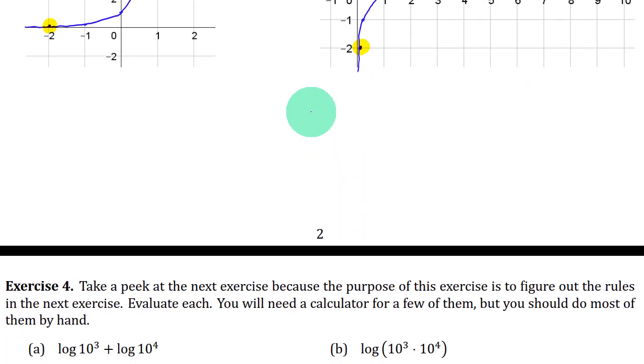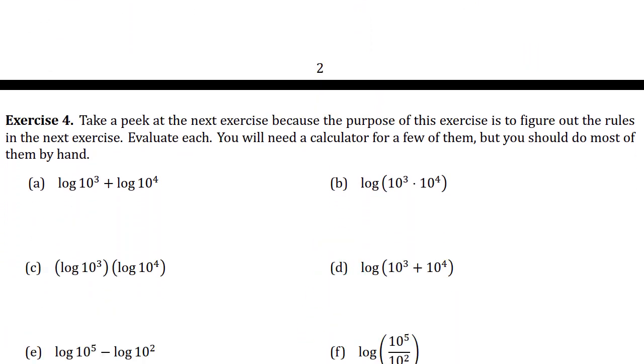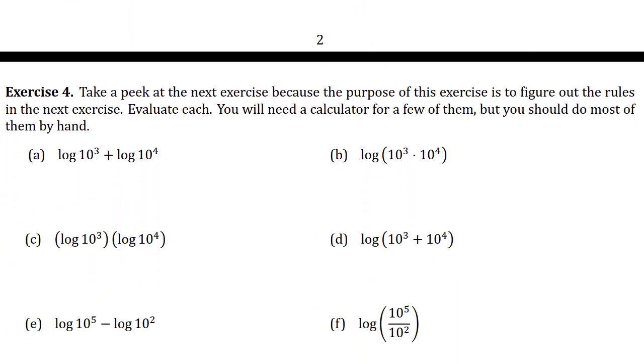Okay, now for exercise 4 and 5, these two kind of go together. What we have are some expressions that all involve log of 10 to the power 3 and log of 10 to the power 4 in one way or another. The goal is to see which of these are the same.